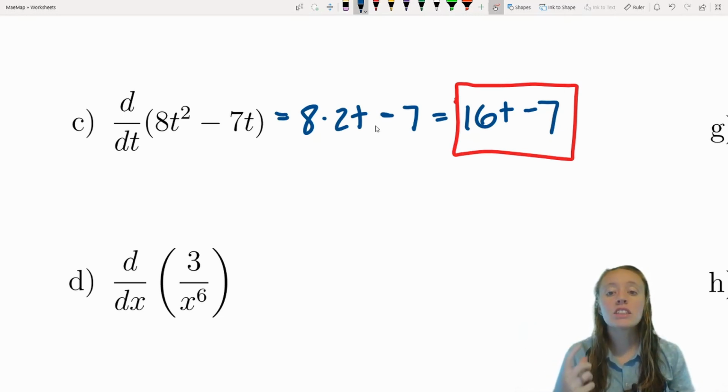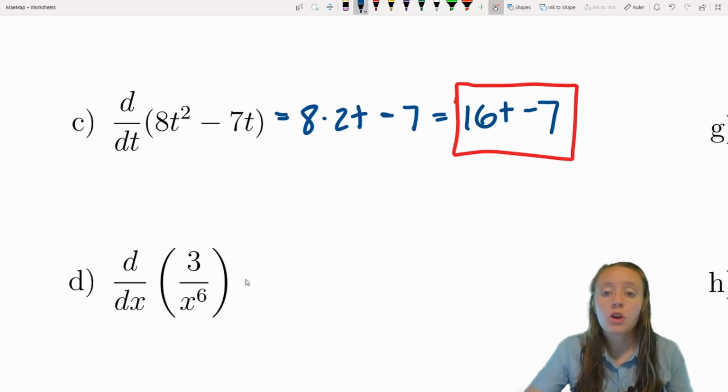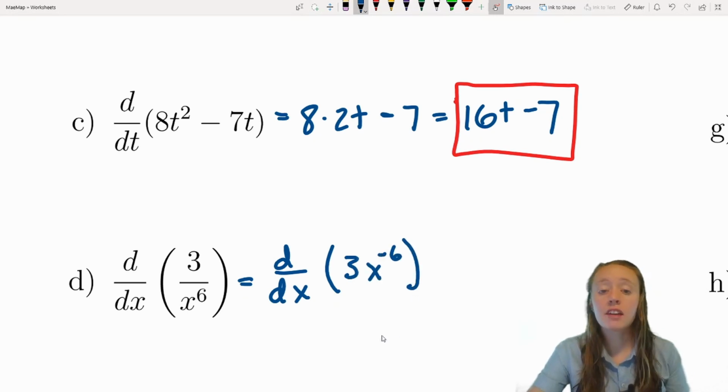However, because it's just a constant in that numerator and our denominator is just a monomial, so one term, we can write that as a negative exponent in the numerator. So I'm going to rewrite this before I take the derivative as 3x to the negative 6th. And then we'll keep on going with that power rule.